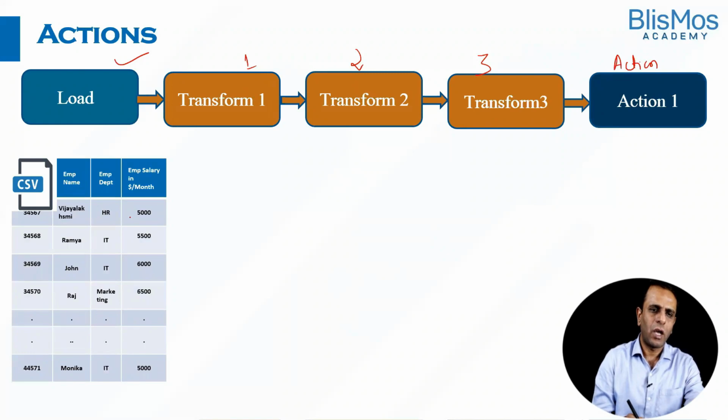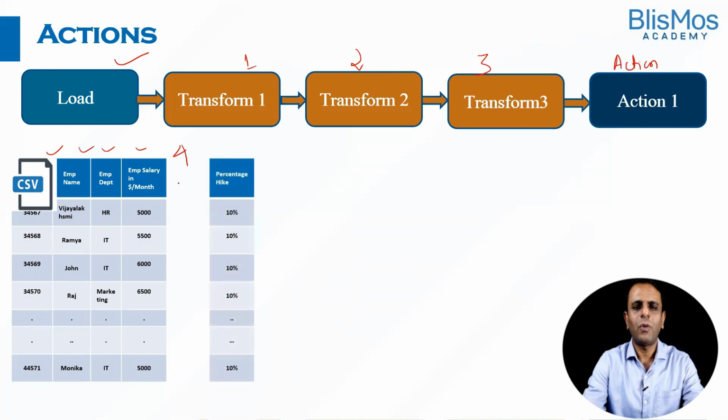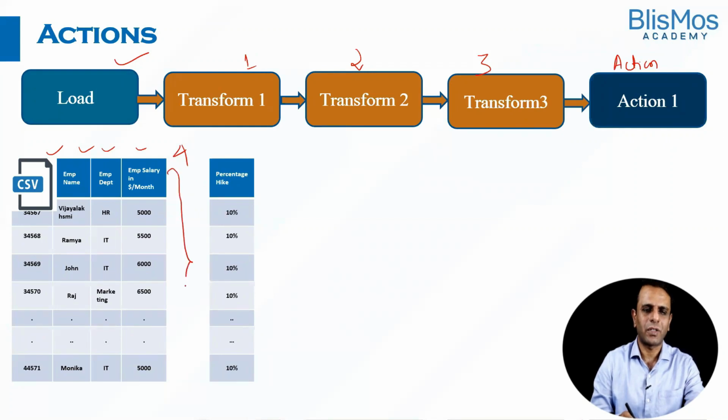Assuming that you have a large employee table with some 4 columns: employee ID, employee name, employee department, employee salary. The first transformation what you want to apply is, you want to apply 10% hike to all these employees. That is the first transformation.